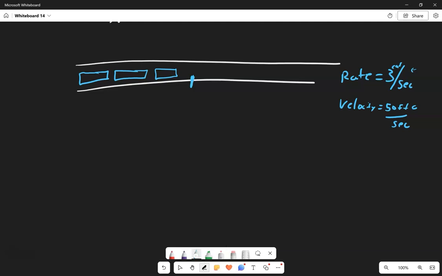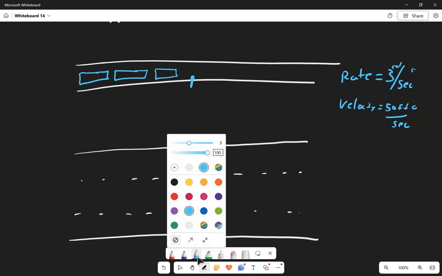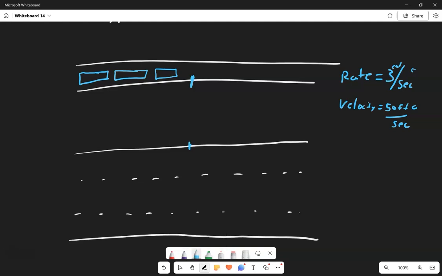Now, what happens if I take my road and all of a sudden I make my road a 3-lane road, and I'm going to look at this specific point here. Now, what happens if I take my 3 cars and I put them in the 3 different lanes? And what if I put more cars back here, like so.